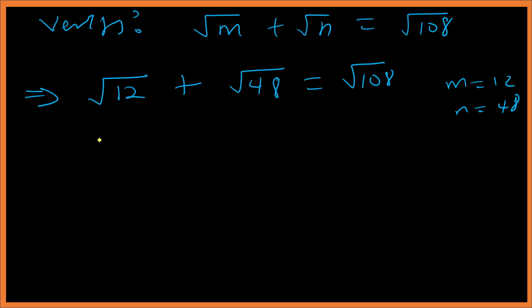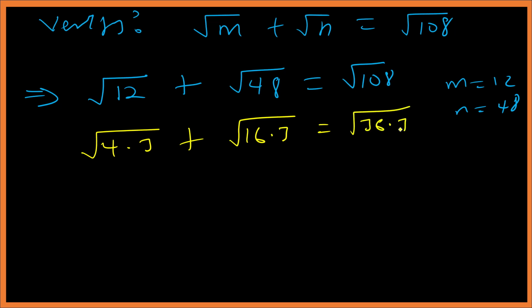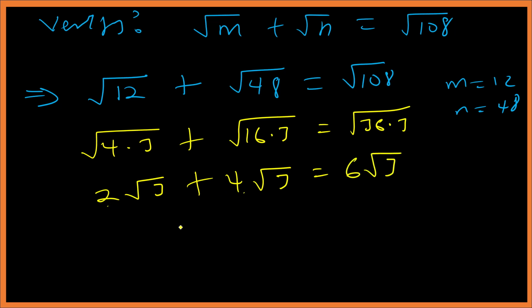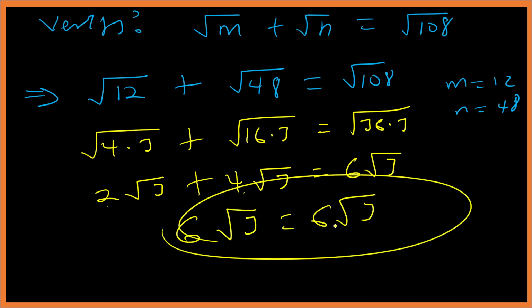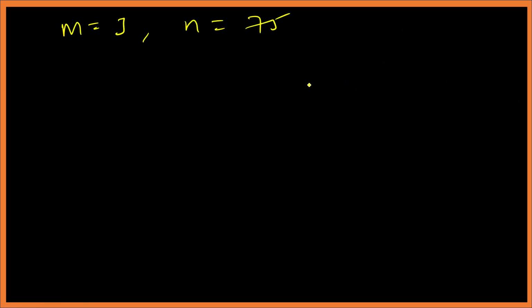So this side will be 4 times 3 and this side will be 16 times 3 equals 36 times 3. So this side will be 2 root 3. So for this one is a perfect square. This side will be 4 root 3. And this side will be 6 root 3. So 2 plus 4 is 6. 6 root 3 equals 6 root 3. Okay, so hence proved.